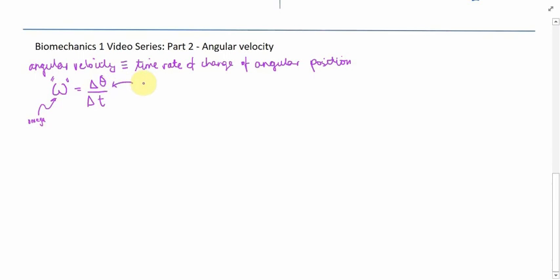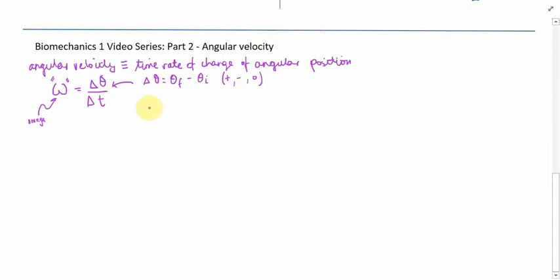In our previous video, we looked at this change in angular position, delta theta, where delta theta is equal to some final angular position minus some initial angular position. It can be positive, negative, or zero, depending on which direction I rotated in.